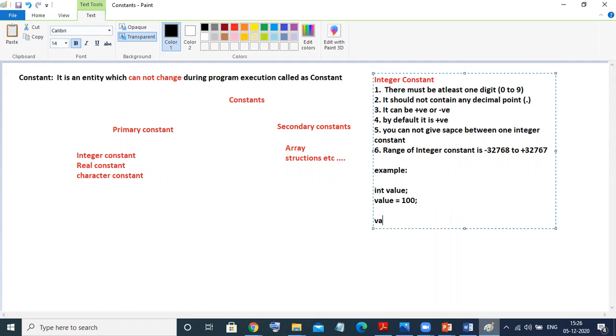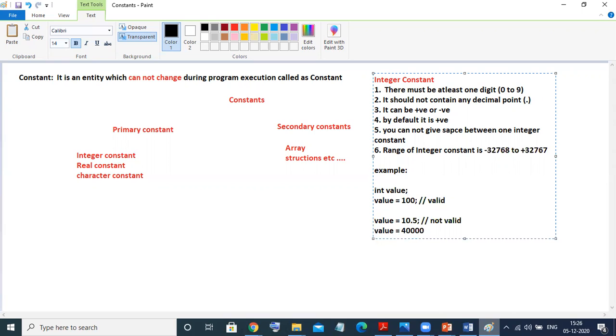So for example, if I'm trying to assign value equals 10.5, is it a valid statement? Of course it is not valid, because here we have given the decimal point, which is not applicable here. Second thing: if you are going to assign out of the range, for example value equals 40,000.